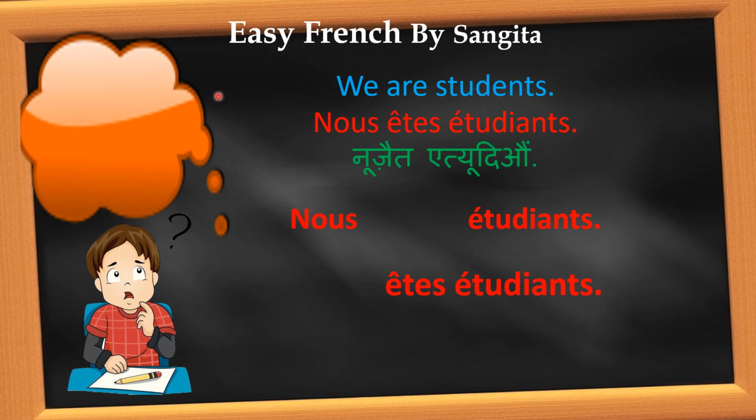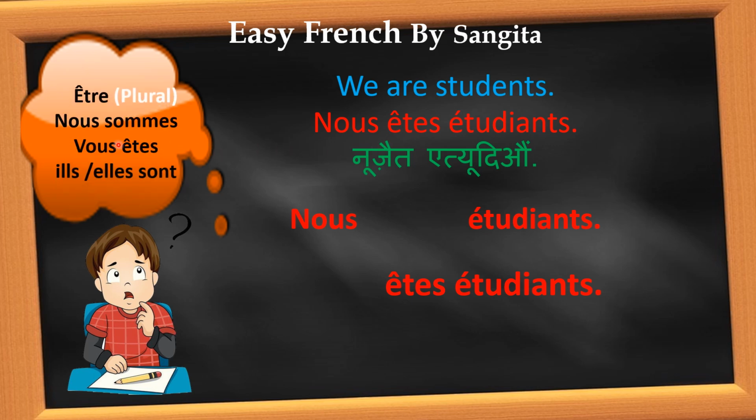So let's finish. The last slide is we are students. Nous êtes étudiants. Now, nous means we, but this conjugation is wrong over here. Let's go through the conjugation first. Être conjugation is nous sommes, vous êtes, and elles sont, right? So over here, êtes is in the vous form.